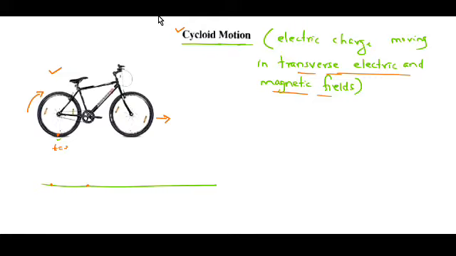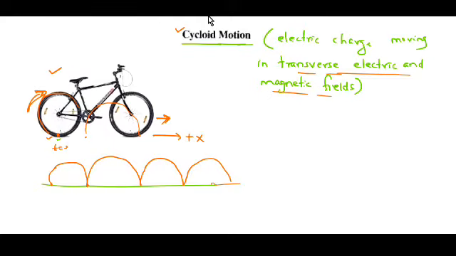The next time, when it rotates in this clockwise direction, or if the cycle moves in this positive x direction, then the motion of this point will be like this. The point rotates to this point, and again rotates to this point, and this will be the trajectory of that point that we marked on the cycle tire.